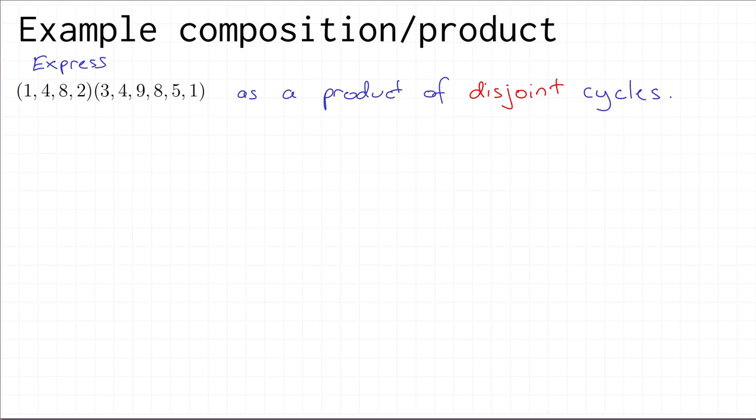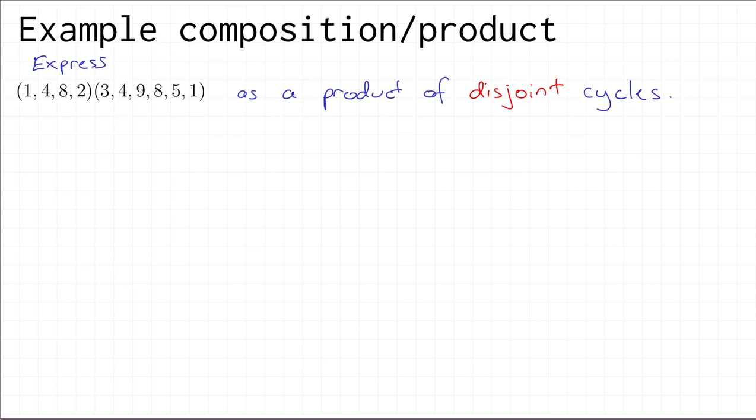So let's recall what this notation means. Those two cycles that I've written there are permutations, they're functions. So this is a function composition. This is the cycle (1 4 8 2) composed with the cycle (3 4 9 8 5 1).